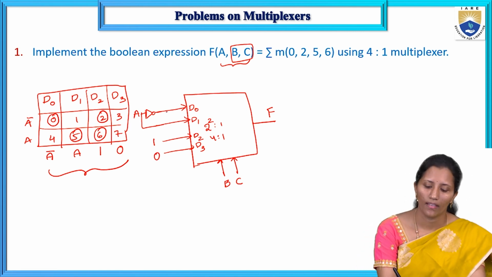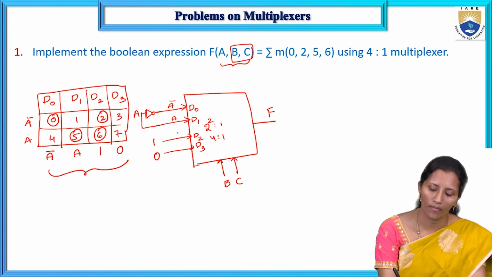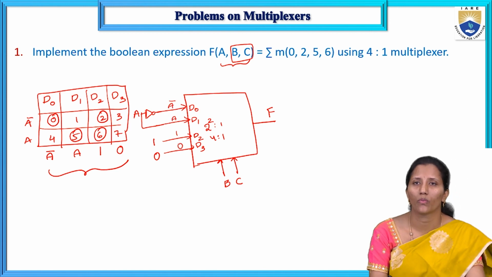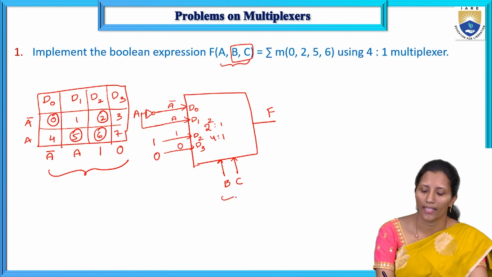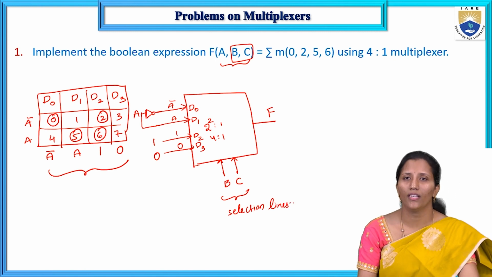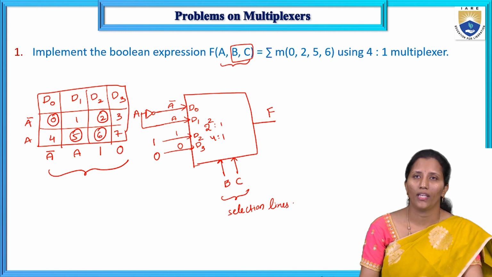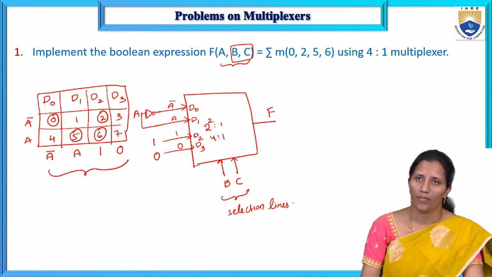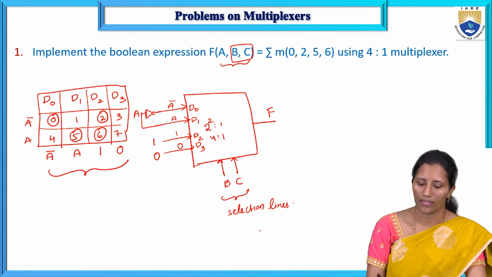So A bar, A, 1, 0 are the inputs to the 4:1 multiplexer, and B and C are the selection lines. This is the implementation of a Boolean expression using a 4:1 multiplexer.